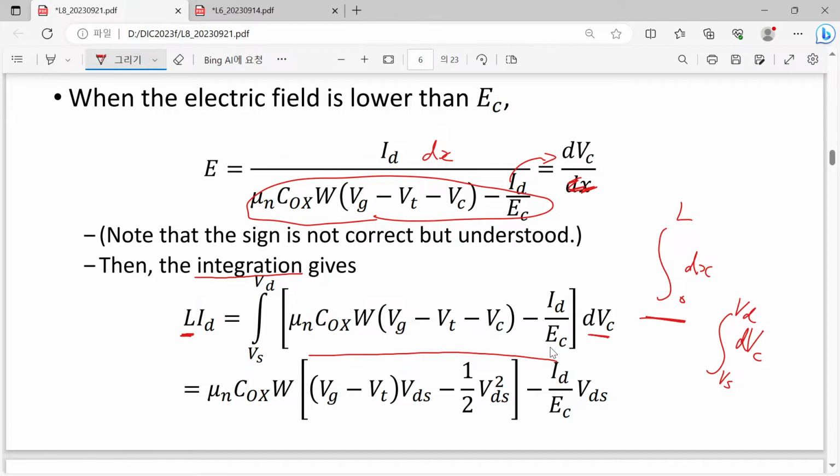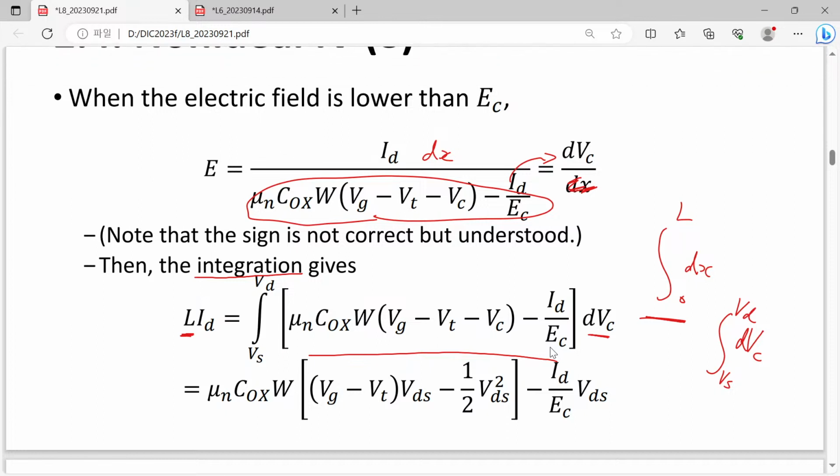So always think about what happens if we don't consider the channel length, velocity saturation effect. Velocity saturation effect is found here, and all over these considerations are the same.